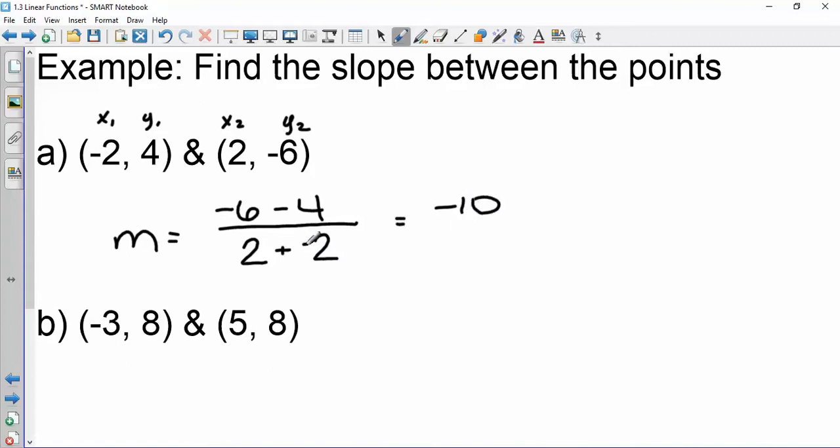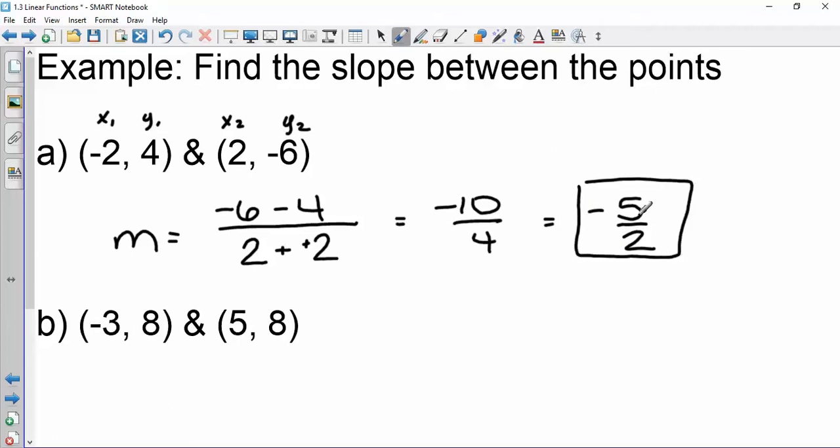So we get negative 10 over 4, which reduces to negative 5 over 2. You could write negative 2.5. For graphing purposes, a fraction is nicer than a decimal because then we can think rise over run. So I tend to leave these in fraction form.